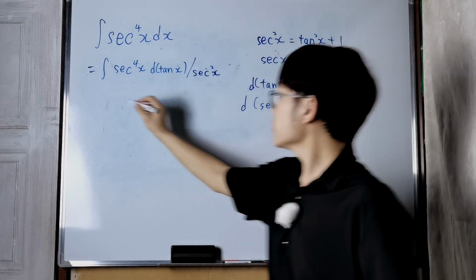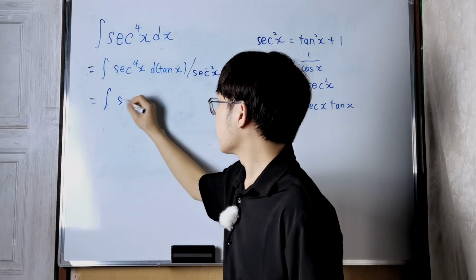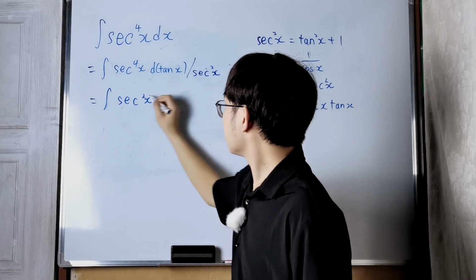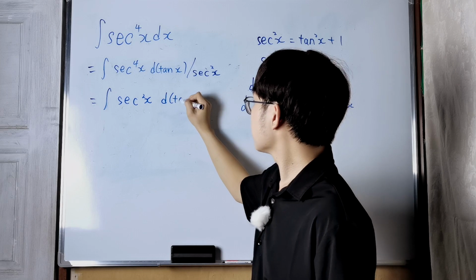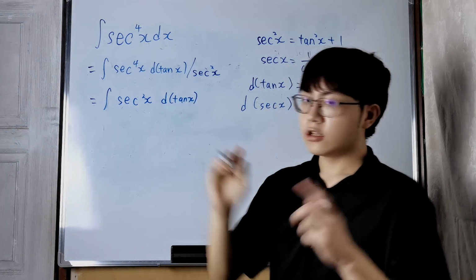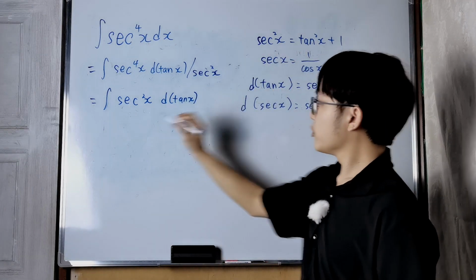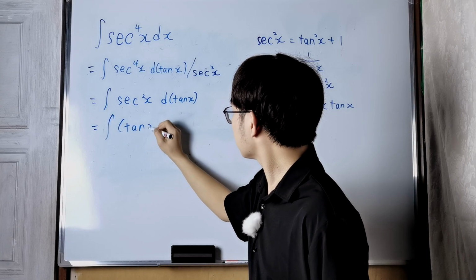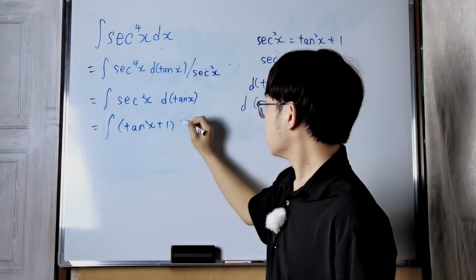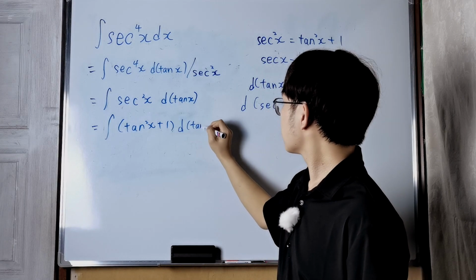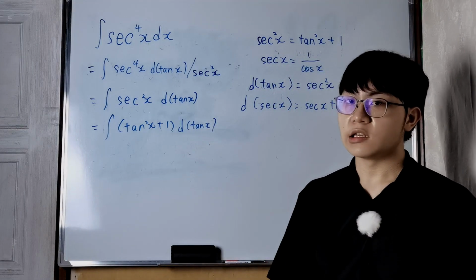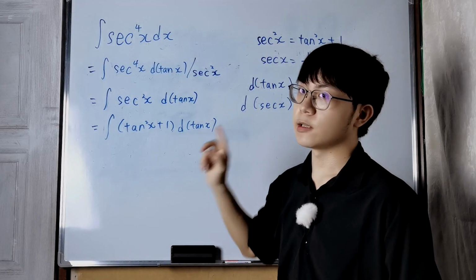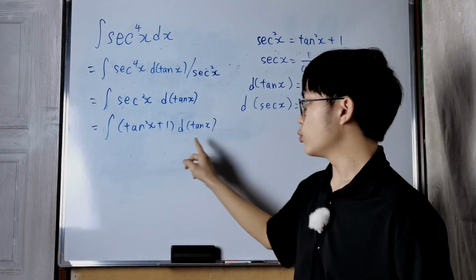After the division, we get secant x squared d tangent x. And again, you just need to use the formula to change it to tangent x squared plus 1 d tangent x. If you look at this, it's the same thing as when we substituted u squared plus 1 du.